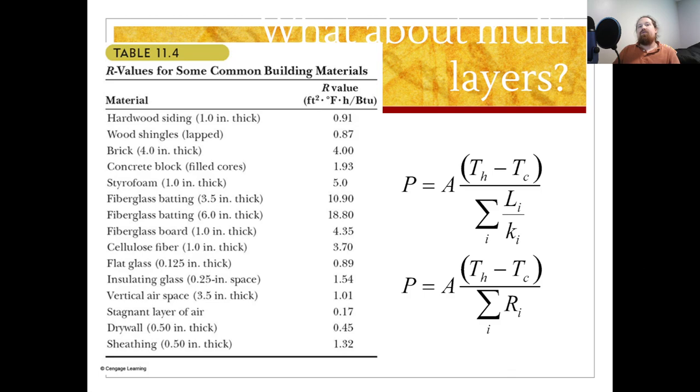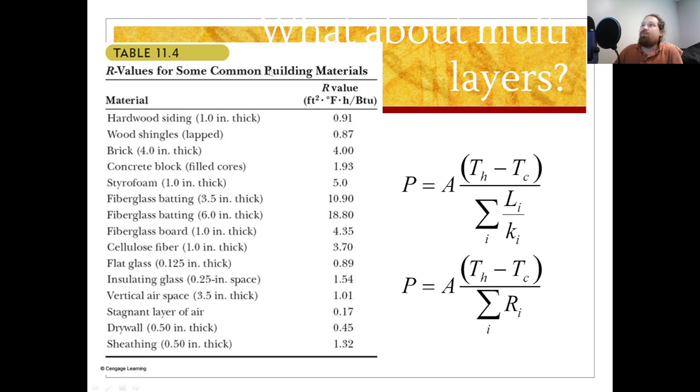But instead of the K constants that represent the exact thermal energy flow through a single material that you can calculate for any thickness, the American construction industry decided to create instead this R constant here. And the R constant represents the rate energy can flow through specific materials of predetermined thickness.